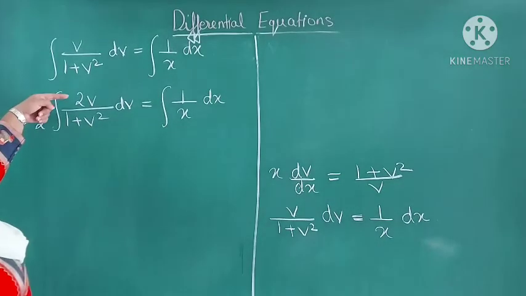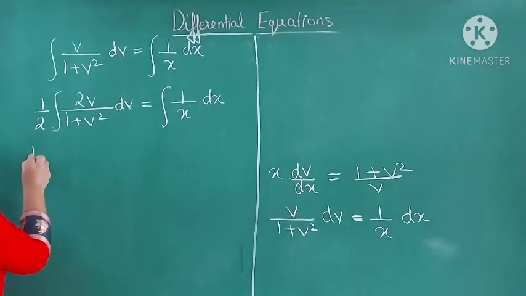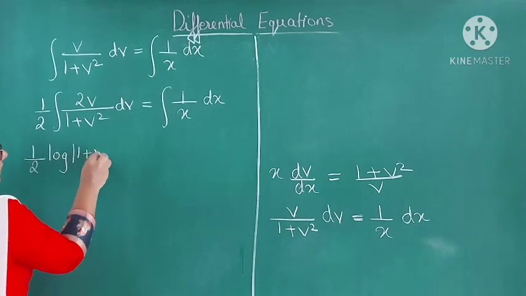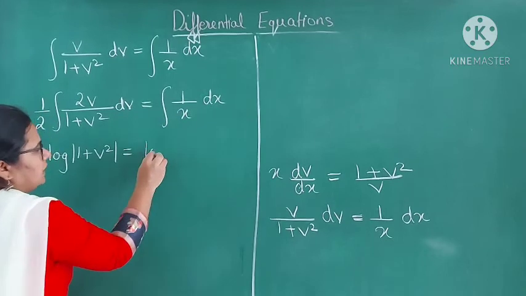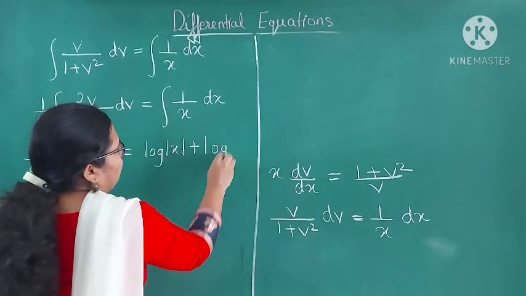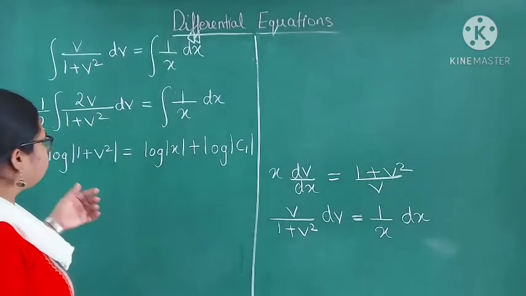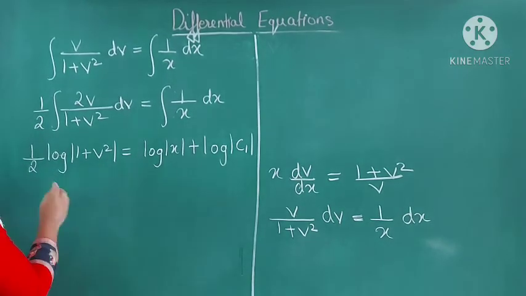Yes, so now you can see it has become in the form of f dash of x upon f of x. So what is this? 1 upon 2 log of 1 plus v square is equal to 1 upon x dx is log x plus you can take log of c1. Okay. Now here you have 2 in the denominator. We will multiply everywhere by 2.